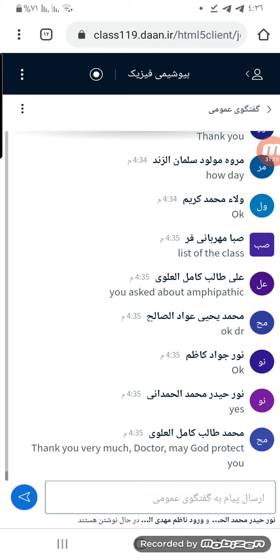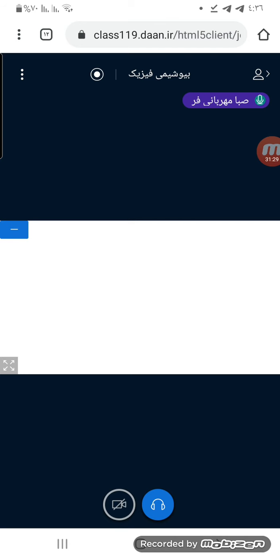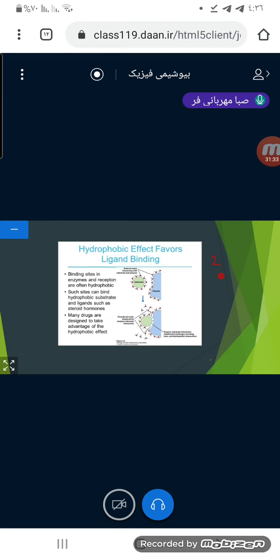Thank you, Mr. Mohammed. About these two pictures, interpret these two pictures. One of them is this, number one, and the other is this, number two. For each of these pictures, write down one paragraph. That is, what is going to happen in these pictures.